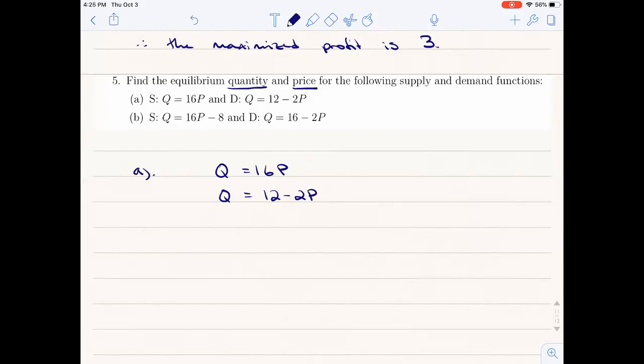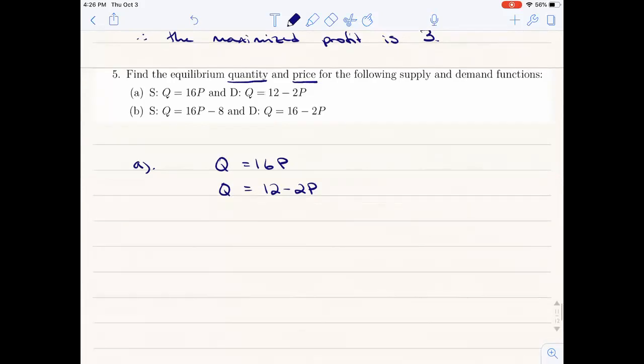We have to solve this system of equations, but we've got them both in terms of Q, so we can just set them equal to each other, right? 16P equals Q, but Q also equals 12 minus 2P, right? So I am using substitution here. You could use elimination if you wanted to, but I think substitution's probably the easier bet here.